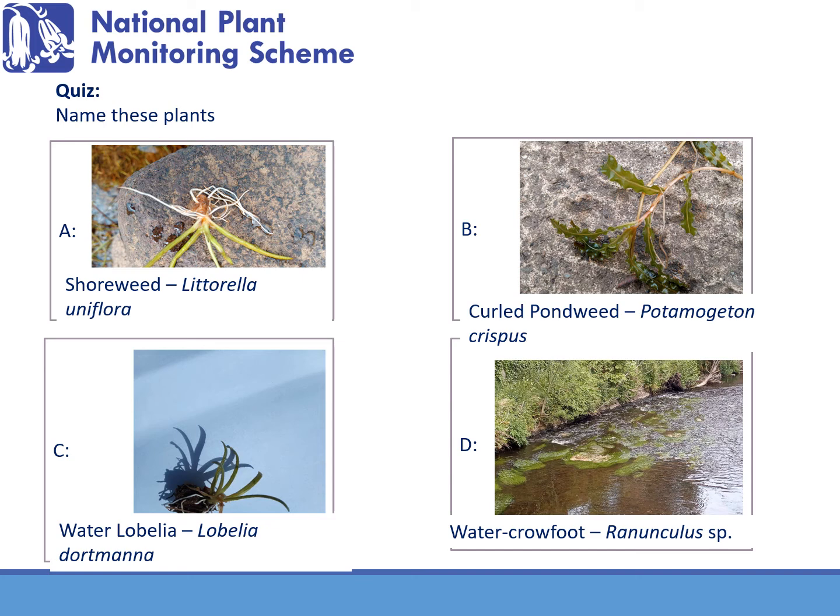C is water lobelia, Lobelia dortmanna, which is also a rosette species but has slightly recurved, blunt-ended leaves, which if we snapped would have parallel tubes. And species D are ranunculus, water crowfoot, which are characterised by long stems and leaves flowing in running waters.